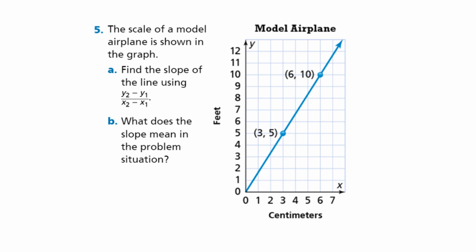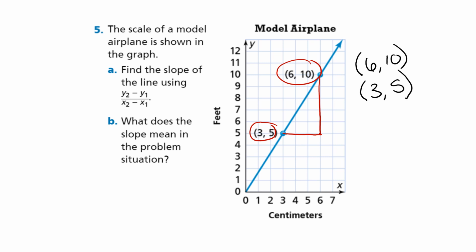For this one, we're going to use the points that are given on the graph. Yes, we could connect them with a triangle and find our rise and run values. But if the points are given, it could be easier to just set up the points in the table. So we have our first point, 6 and 10. We have our second point, 3 and 5.